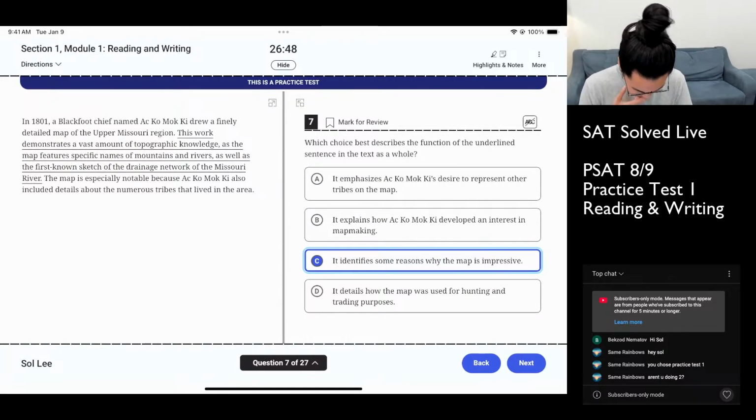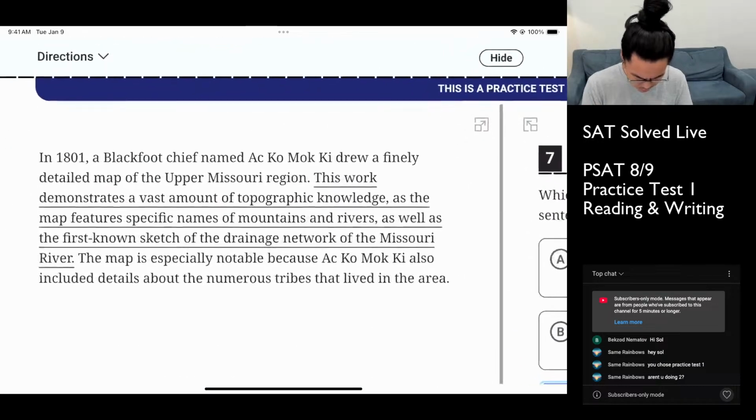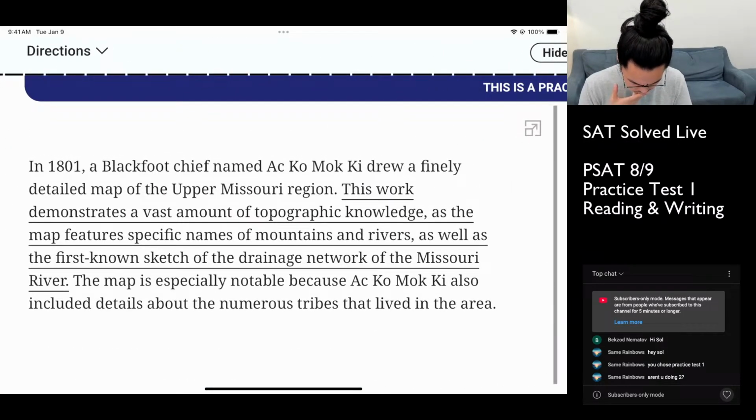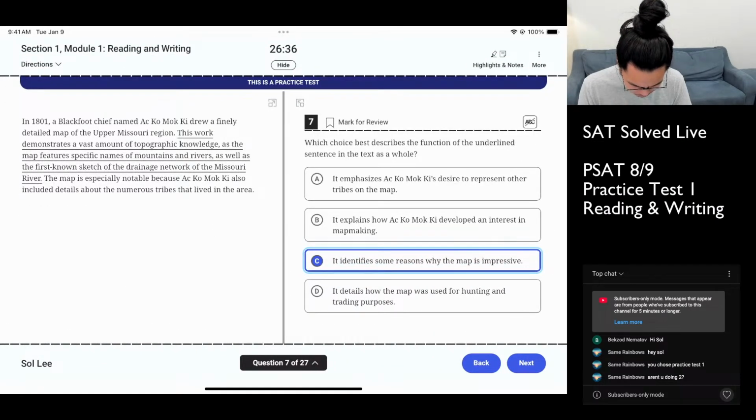Some reasons. Plural. That's awkward. I don't like that. Let me just double check. Reasons. As well as the first sketch. I mean, do those count as reasons? I guess it does. Sketch of the drainage network. But, I mean, it's all collapsed into one reason.